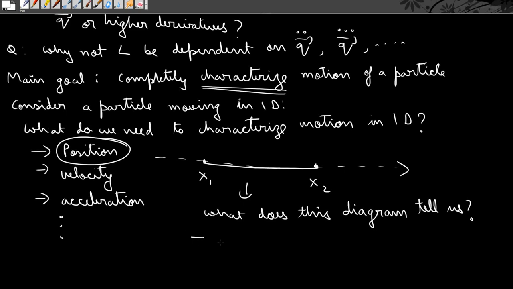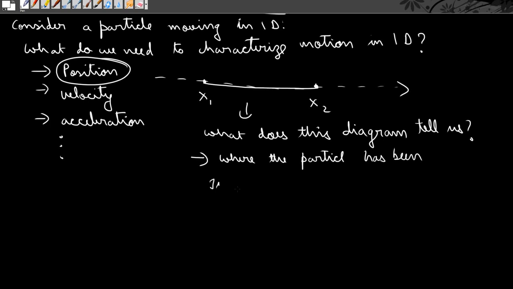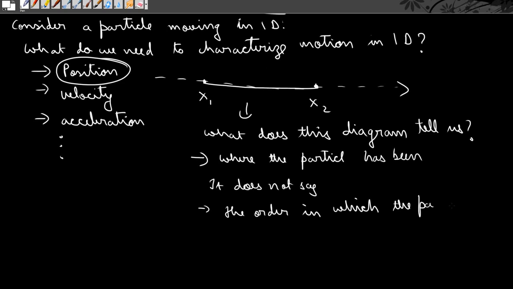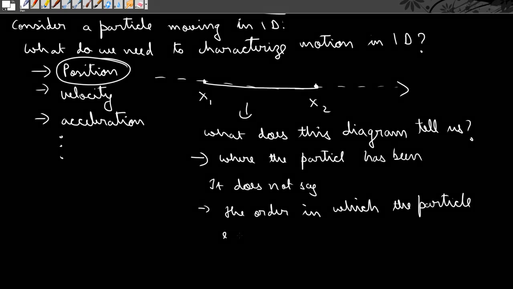All that it is saying is that it tells us where the particle has been, or in other words, what are the different coordinates that the particle has visited, but it does not say the order in which the particle visited each coordinate.